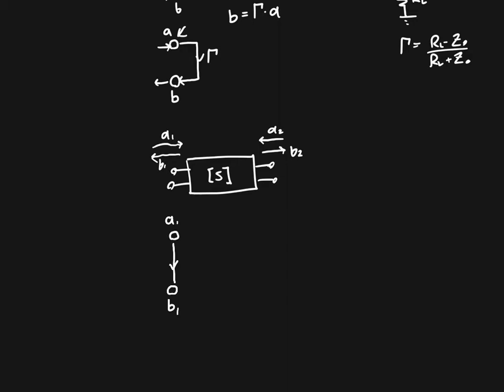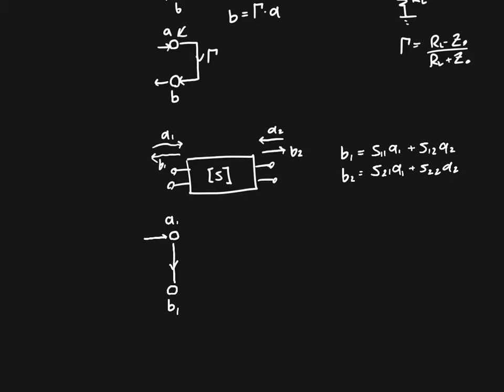Well, that's nothing but our S parameters. So we know that B1 is just equal to S11 times A1 plus S12 A2, and B2 is equal to S21 A1 plus S22 A2. And I'm just writing this here for reference as we go through this activity.